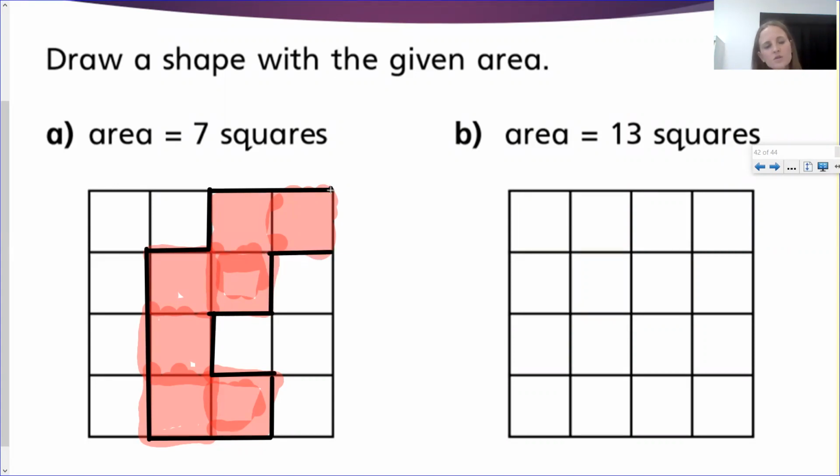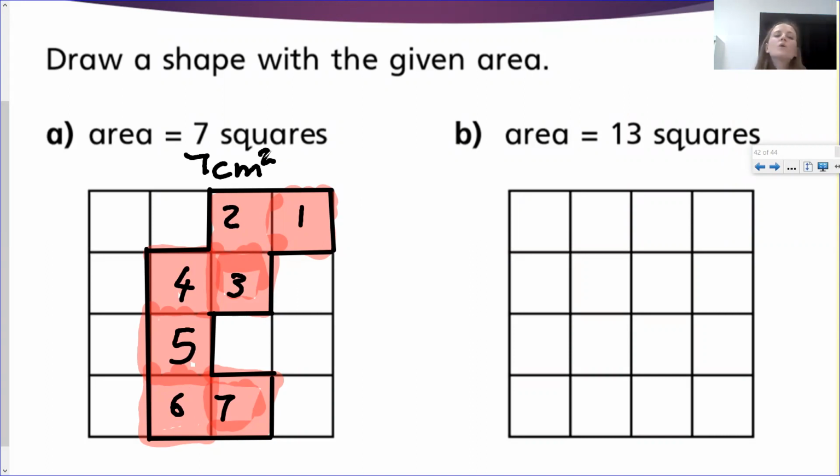No, but if your shape includes 7 squares like mine does, it has the same area. And that's what we are looking for today. Because there's 1 square, 2, 3, 4, 5, 6, 7. So it has 7 squares or 7 centimeters squared.